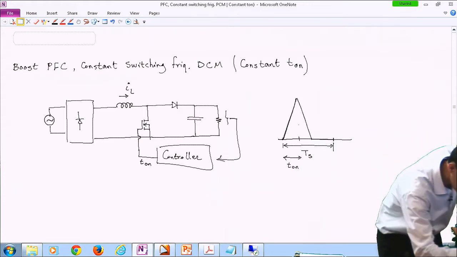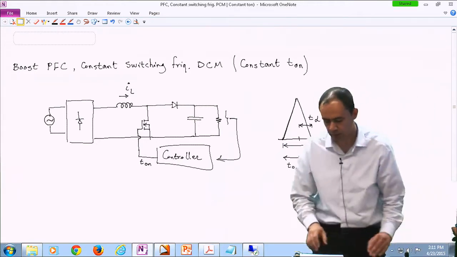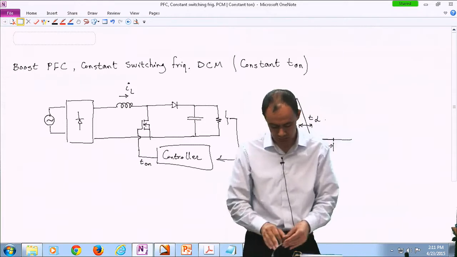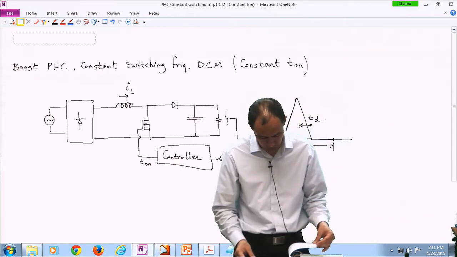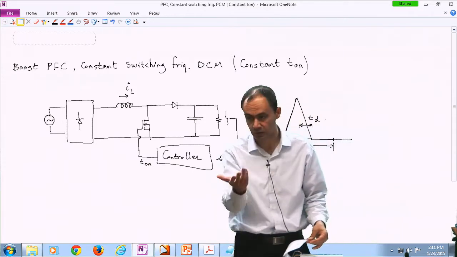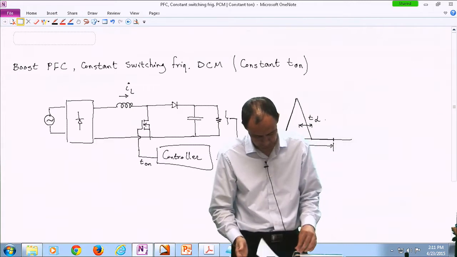This period is also called TD, primarily because it's the diode that is on during that time. So they call it time for the diode, or T sub D, or something like that. All right.